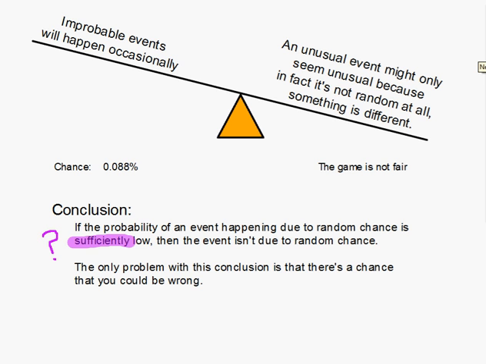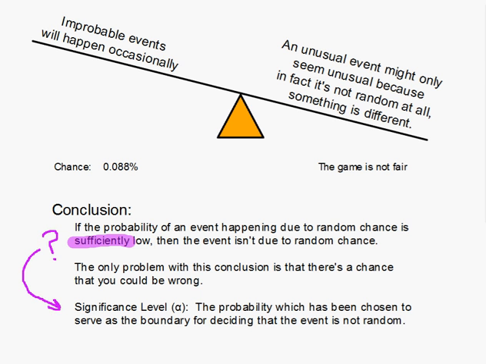But the question is, if we are starting to get a little bit more fine-tuned about this, what does sufficiently low mean? That's kind of a nebulous term. What is sufficiently low? That brings up the concept of significance level, which is usually represented with an alpha. That's an alpha.